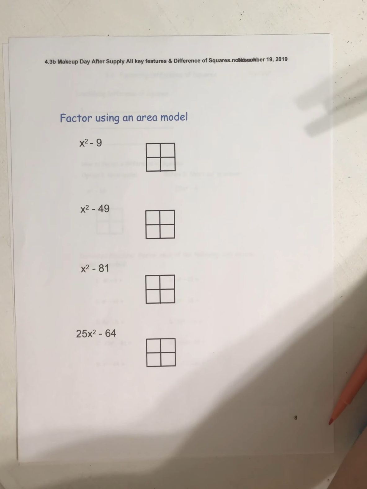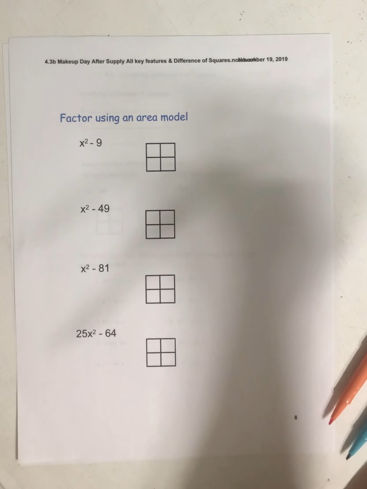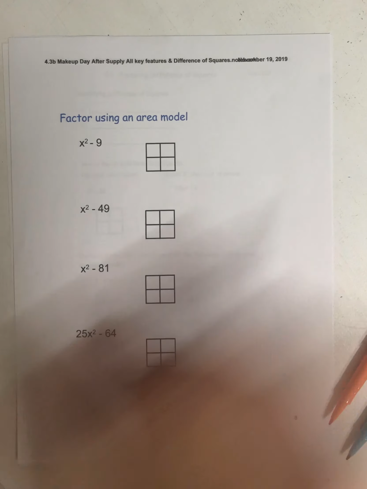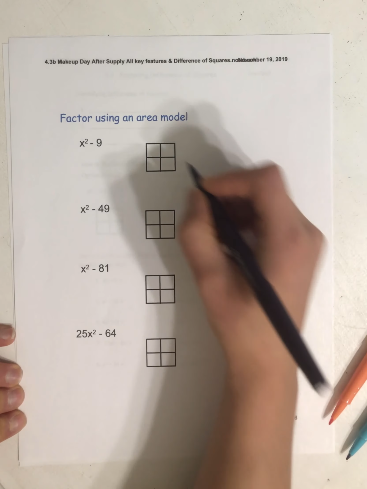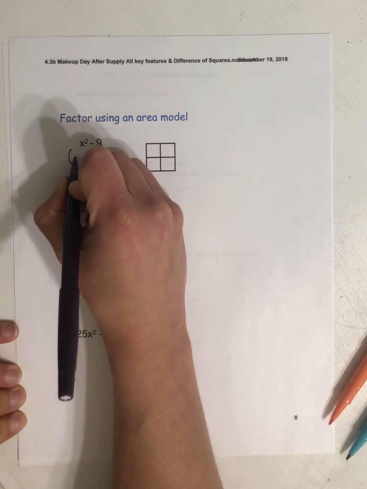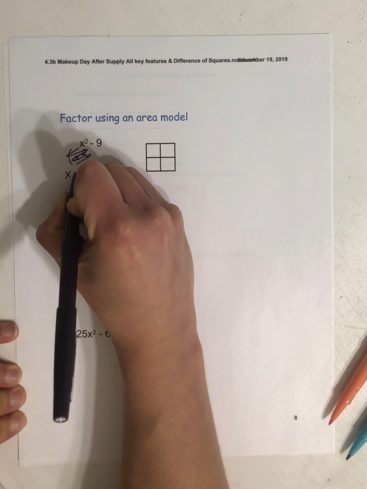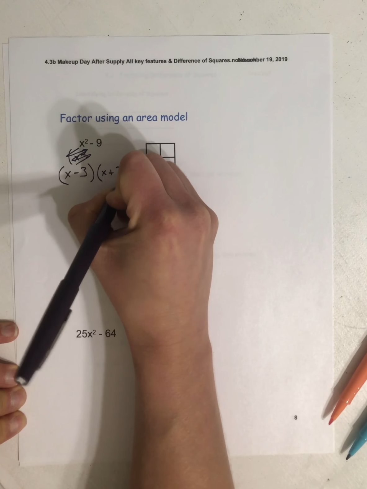So factoring using an area model. So when we talk about perfect squares, there's a few things that we can do. I'm just going to show you so then it'll make more sense when we explain it. So let's do what we would normally do. When we factor this out, we can factor it as x minus 3 and x plus 3.